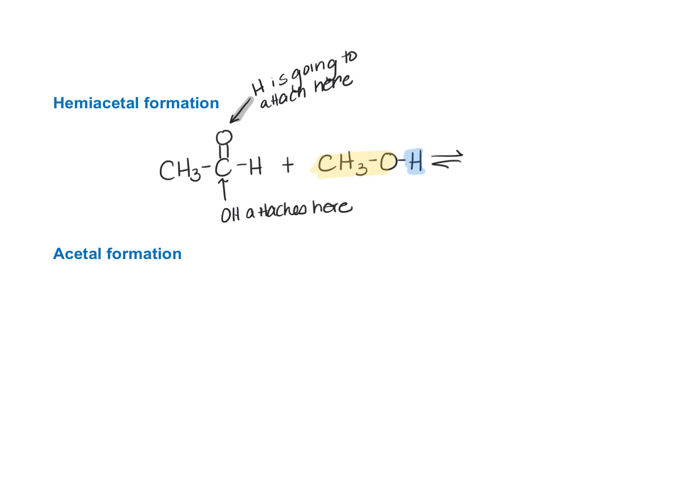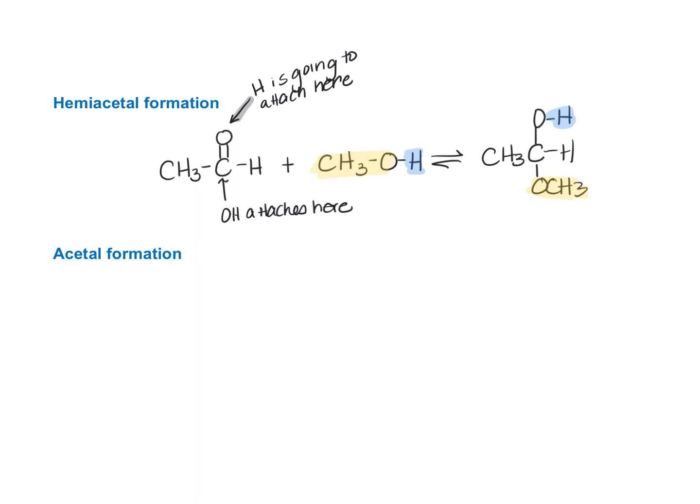And so when we look at this now, it becomes CH3C. There's no longer a double bond, so this is an addition reaction. OH and OCH3, where when we look at this, the yellow is here, and then the blue is there. And so you can see how that attaches.